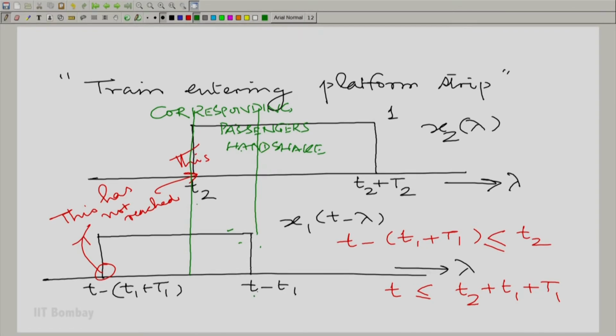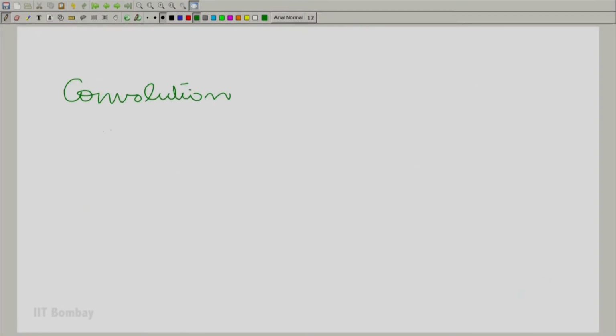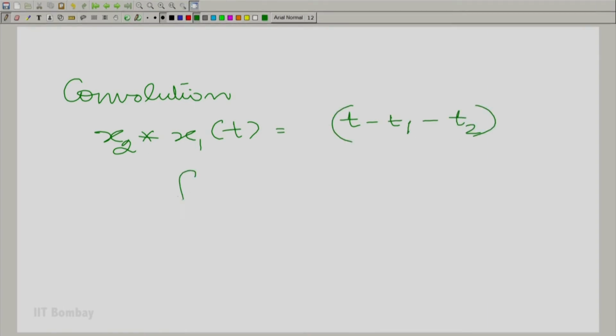So, what do we have here? The convolution of x2 with x1 evaluated at t is t minus t1 minus t2 for all t less than or equal to t2 plus t1 plus capital T1 and starting from t1 plus t2.